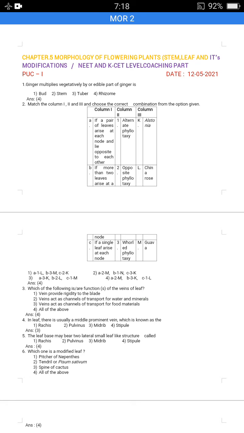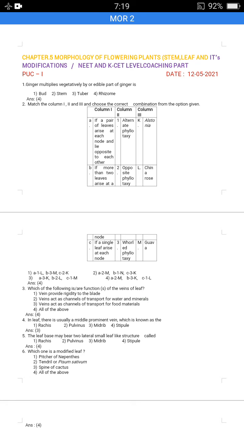So for opposite phyllotaxy the definition given here in column 1 is matching with the option A. Next, let us see whorled phyllotaxy. Whorled phyllotaxy means more than two leaves arise at a node and form a whorl. This is whorled phyllotaxy. So whorled phyllotaxy definition is matching with the option B.